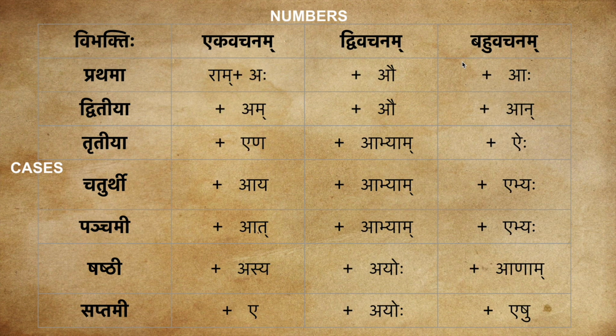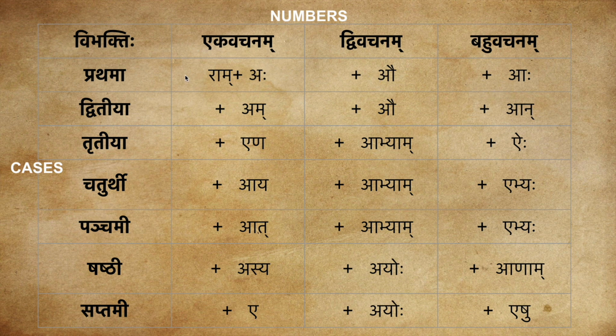So what we are seeing is a pattern. You add a suffix to the base root word. So for example, in the case of Ram, we have Ram plus Aha, Ramaha. Ram plus Au, Ramau, Ramaha. So you take the root and add Aha to it, Au to it, Aha to it.